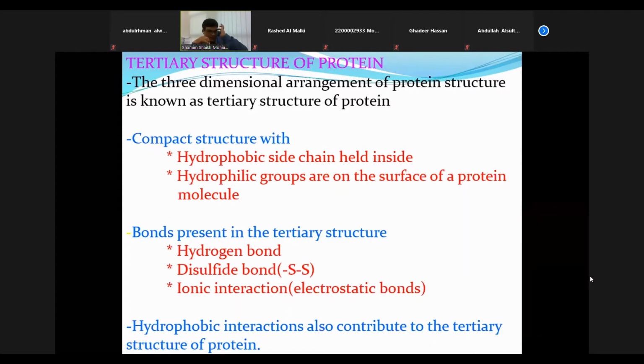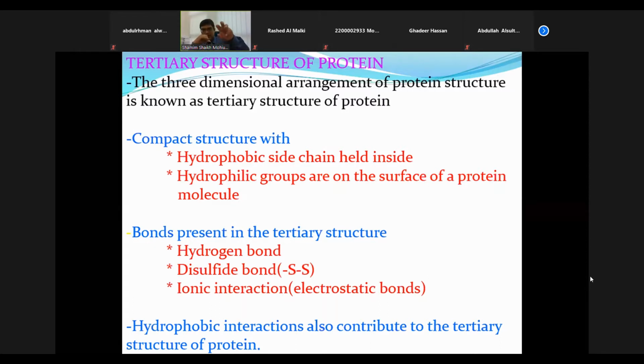Now the question: what is the meaning of hydrophobic and what is the meaning of hydrophilic? Hydrophobic means which fears water molecules. Just suppose it is like a ball, and it is surrounded by water molecules.